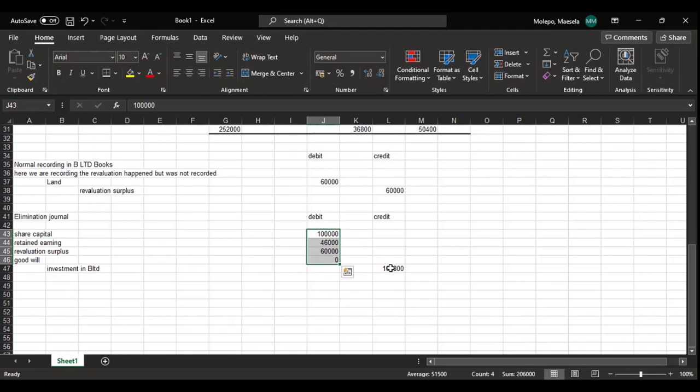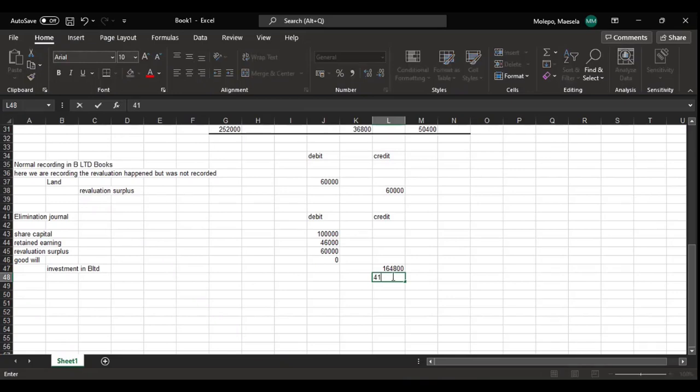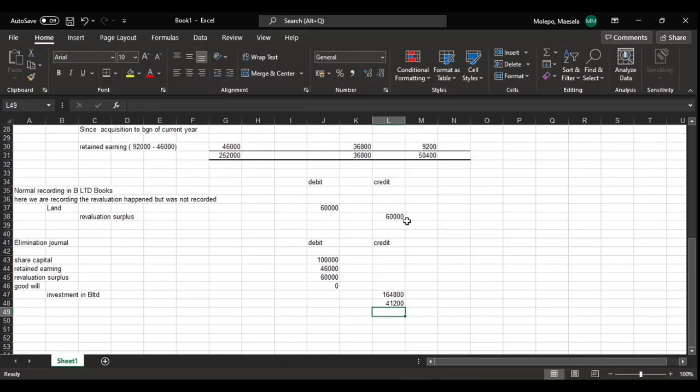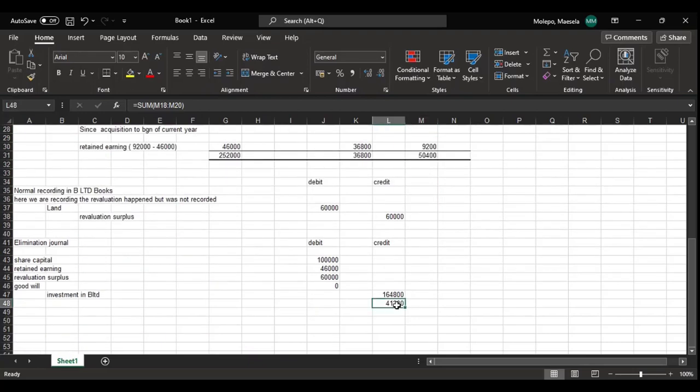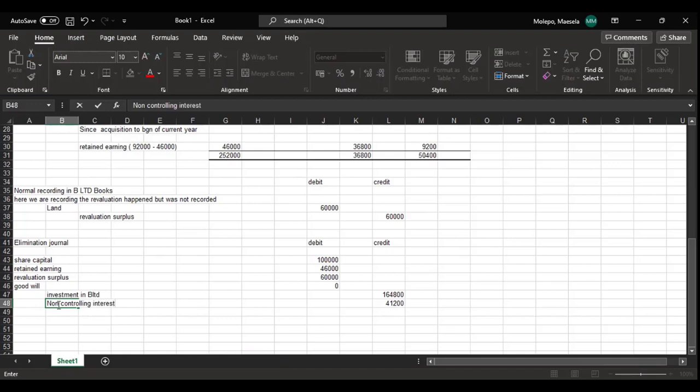So it means there is something missing. So if you say this side minus this side, we are left with an amount of non-controlling interest of 41,200, which is the one that was shown here. This one. Non-controlling, which is going to go to the SFP.